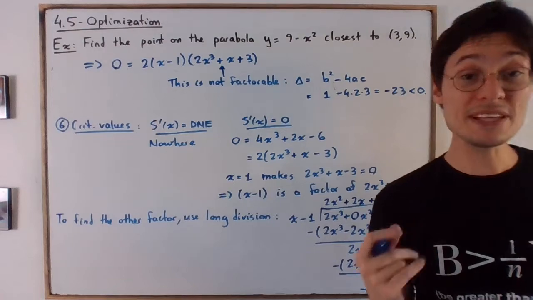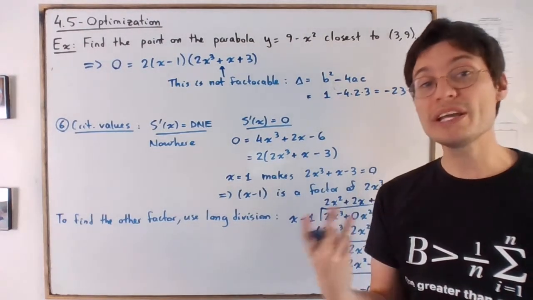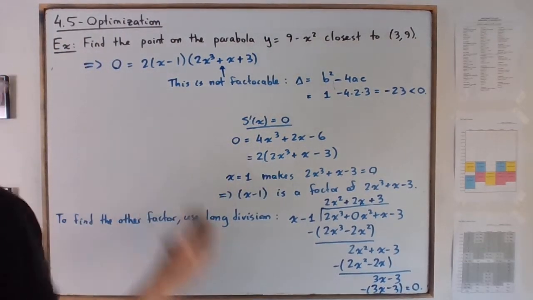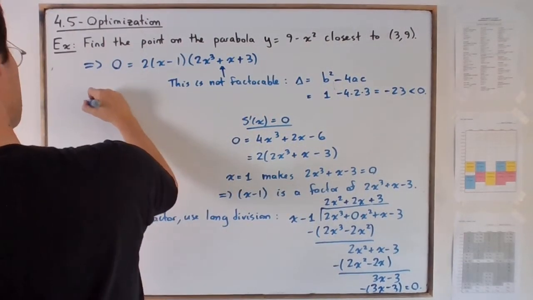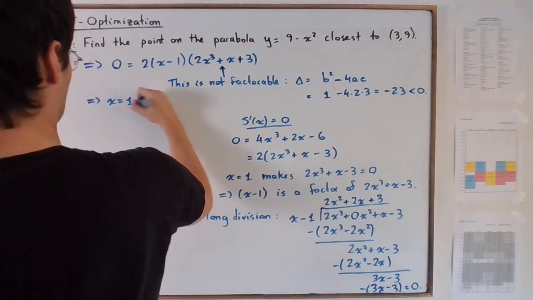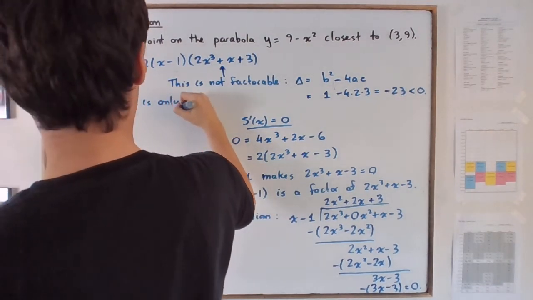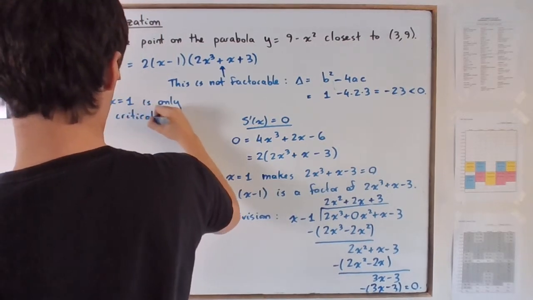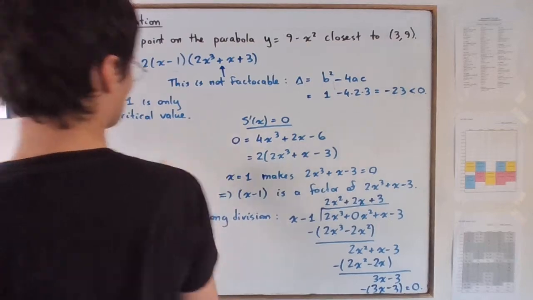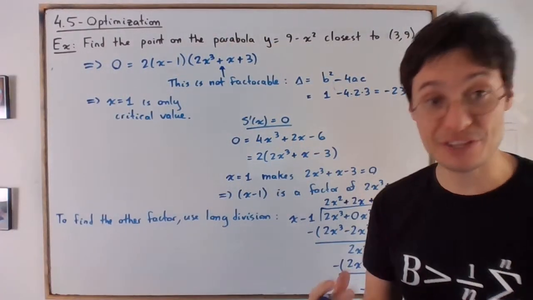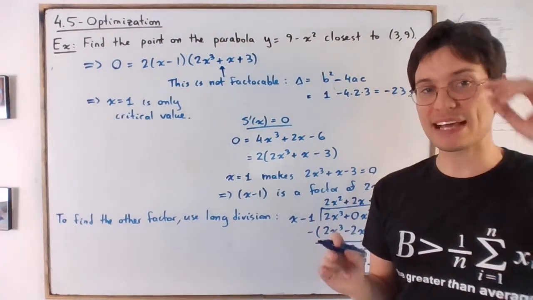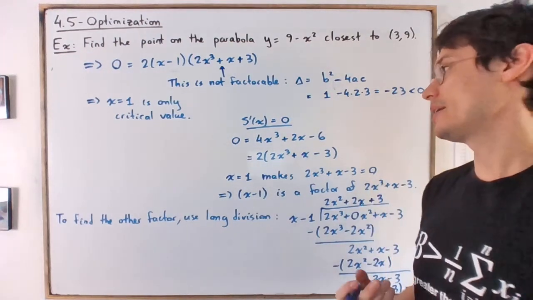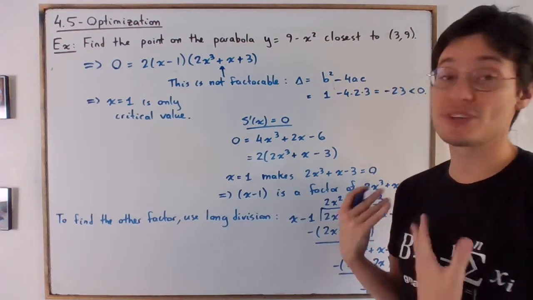This means that x equals 1 is the only critical value. And this is amazing news because it opens up the setup for the second derivative test or the first derivative test using absolute extrema.